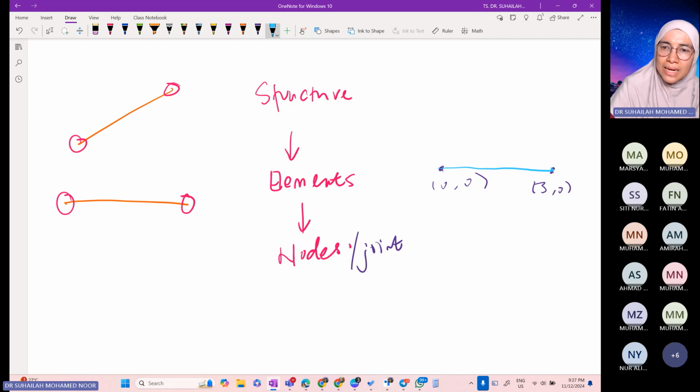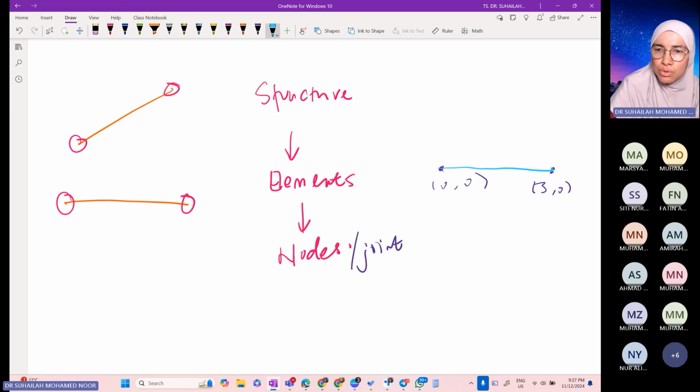kita akan start dengan create node, satu point dulu, and point tu akan jadi origin, yang itulah dia 0, 0. And then kita akan from that point, kita akan create another point. So dia ada dia punya coordinate, and then kita akan combine these two node. So combining these two node means that kita jadikan dia element.